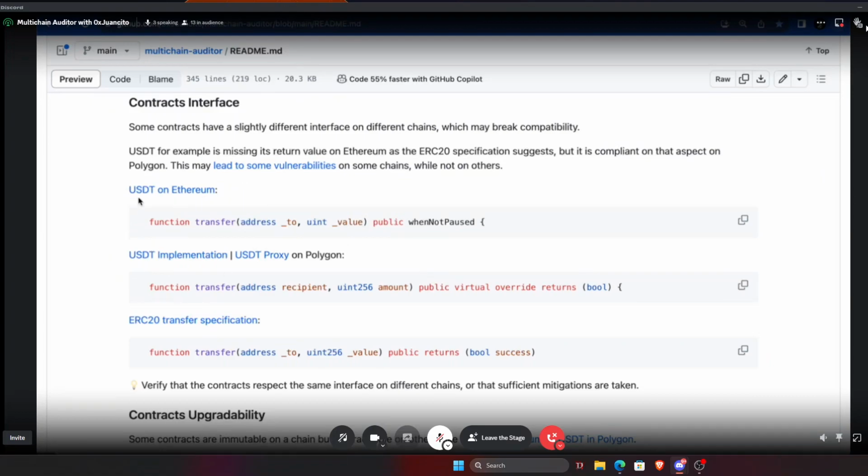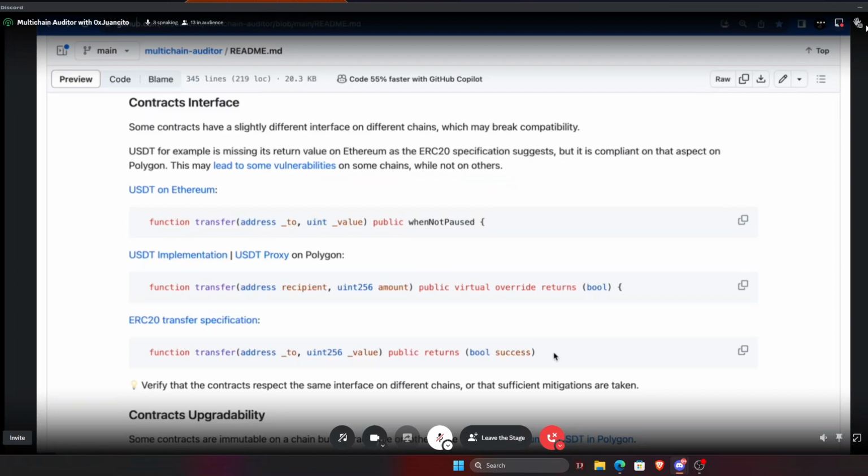To put it simply, on Ethereum the USDT interface is very similar to what we expect, but it doesn't return any value. On other chains, like Polygon, for example, it behaves as expected from the ERC20 specification, the EIP-20 specification, that it should return a bool value.